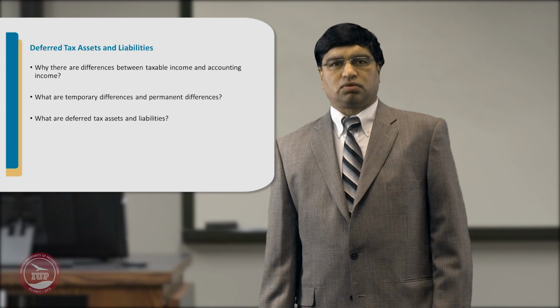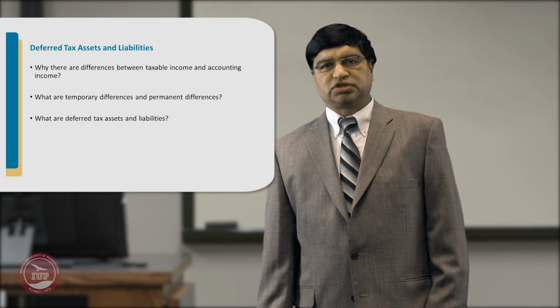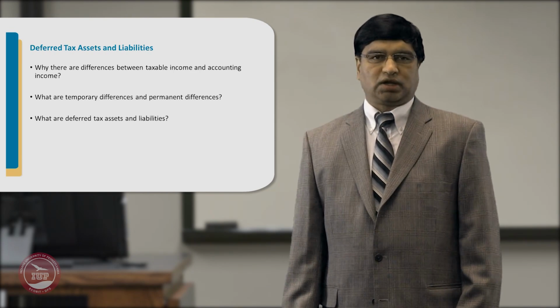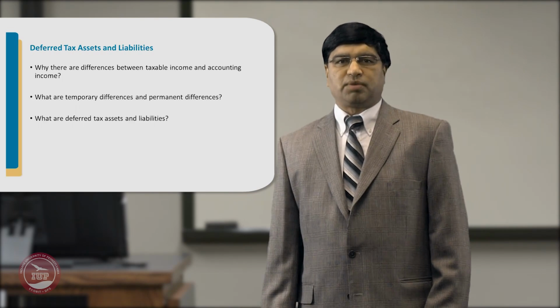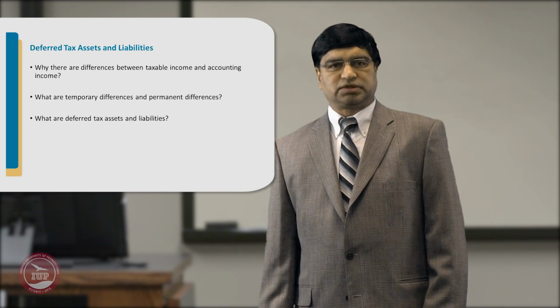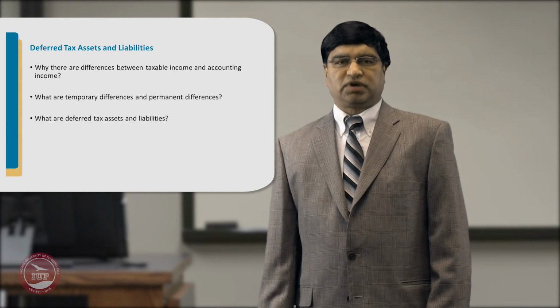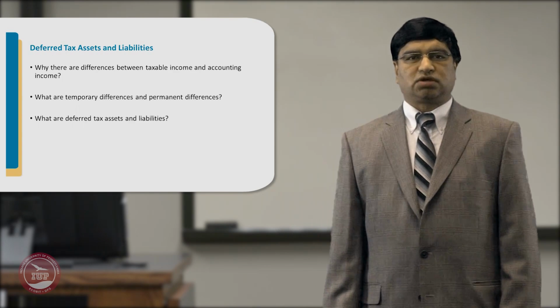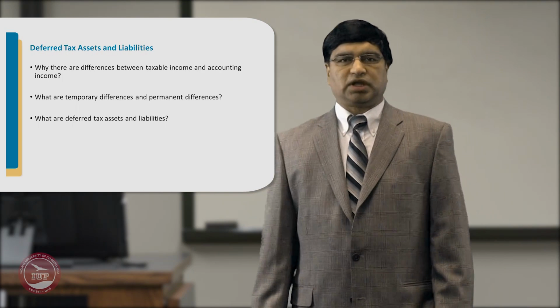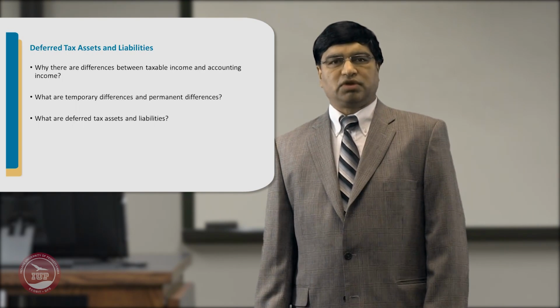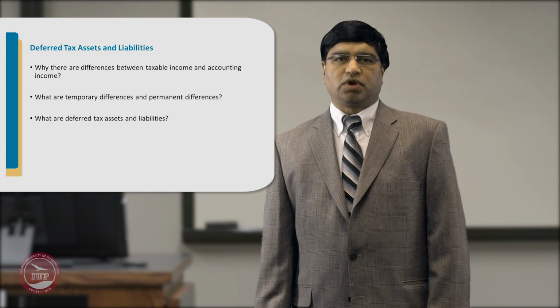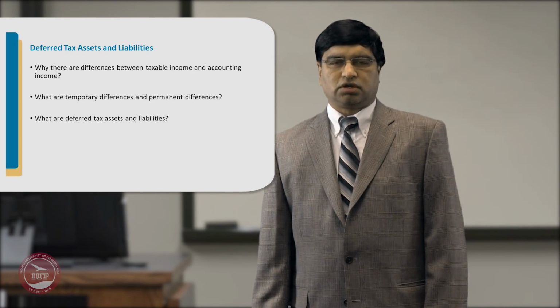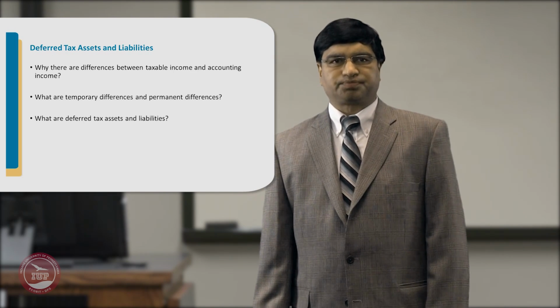We'll talk about why there are differences between the taxable income and accounting income, what are the temporary differences and permanent differences, and what are deferred tax assets and liabilities. Once we have covered the definition of deferred tax assets and tax liability, we'll get into one or two examples for each to wrap up the session.